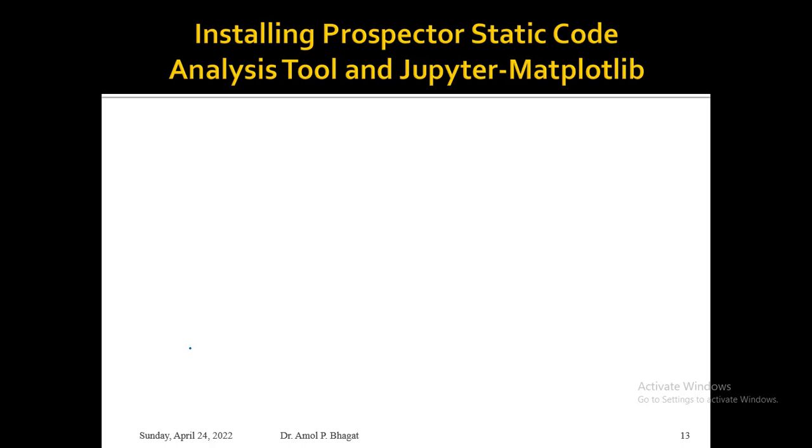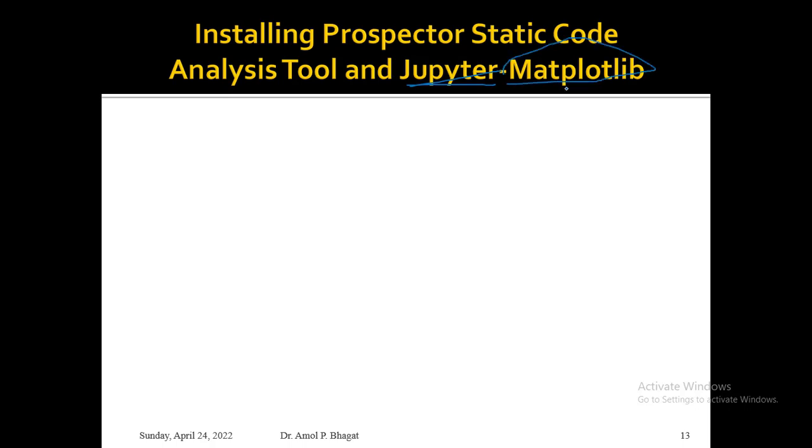Along with that, you will be installing the Prospector static code analysis tool, which is used for analyzing the code that you have written. As well as you will be installing the Jupyter Matplotlib extension. Jupyter notebook is the interactive, web-based environment used to write your Python code, while Matplotlib is used for visualization purposes.